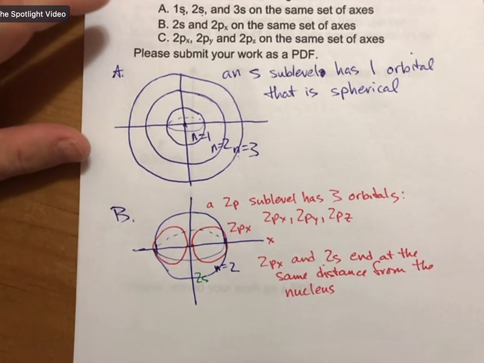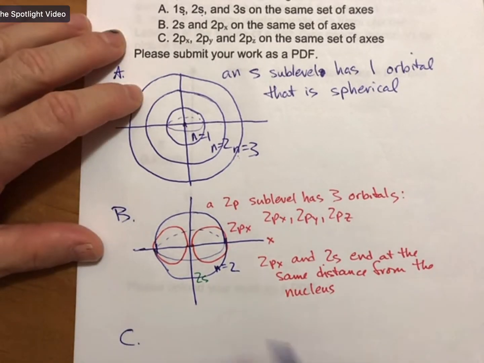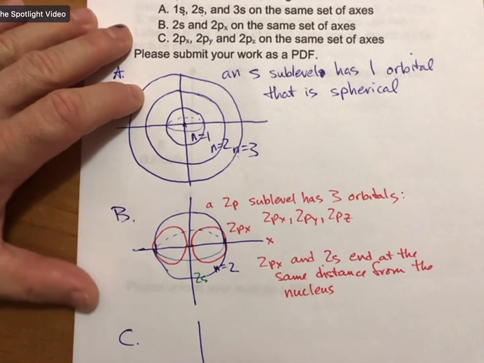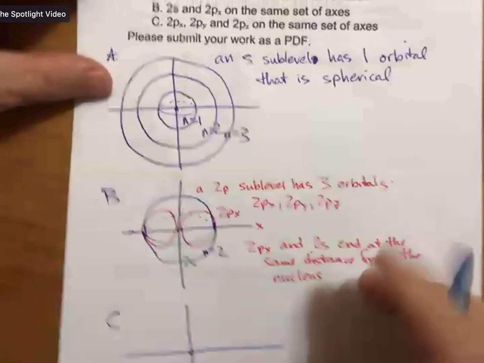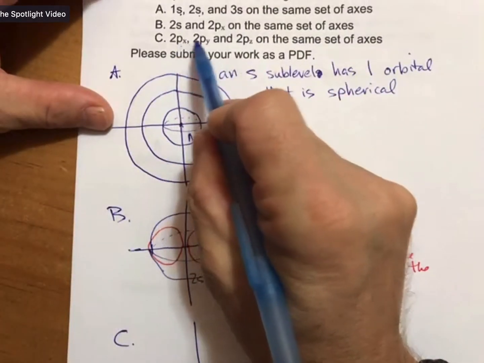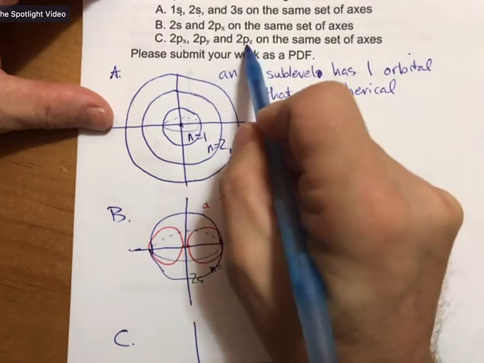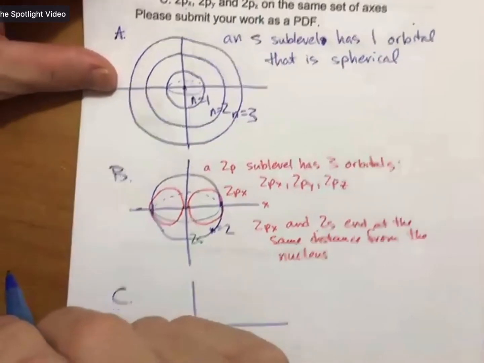All right, then let's move on to part C. Part C says, well, let's read the question. Draw the 2p, 2px, 2py, and 2pz on the same set of axes.